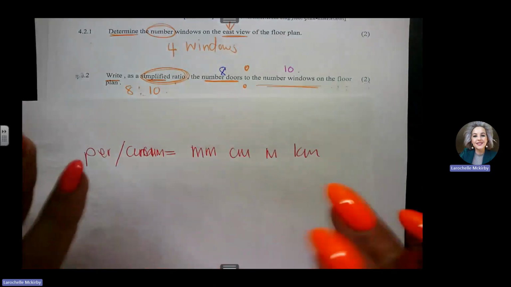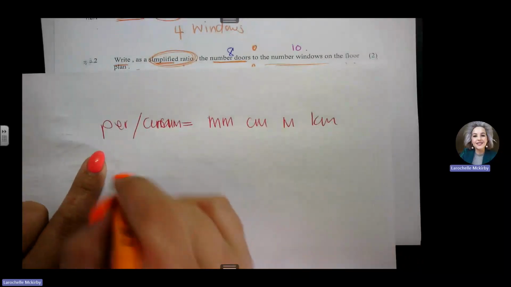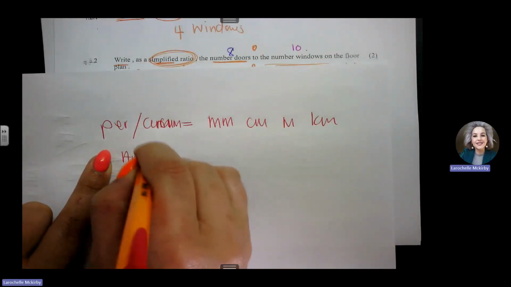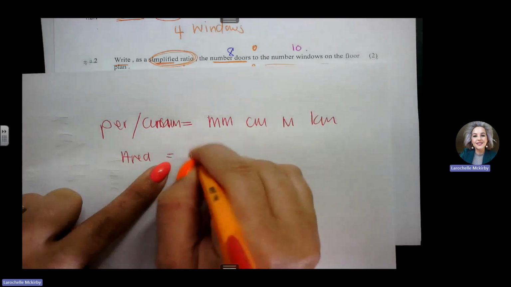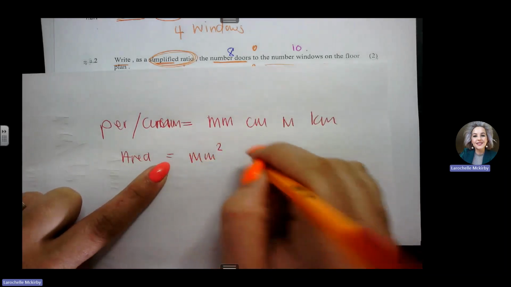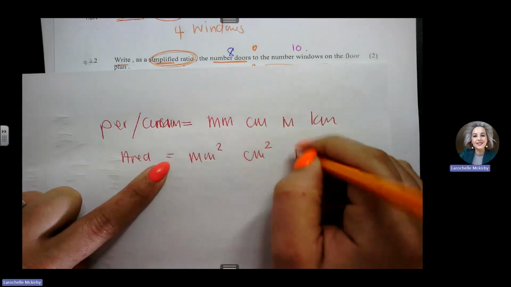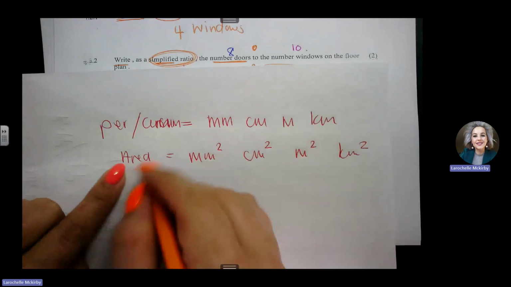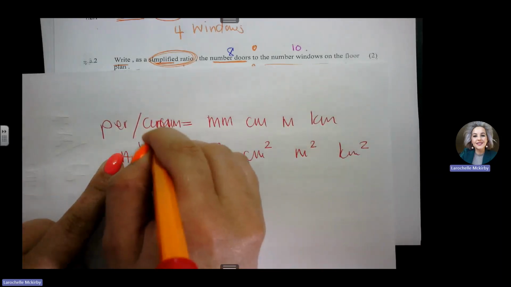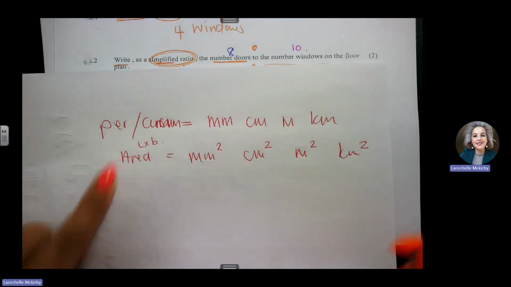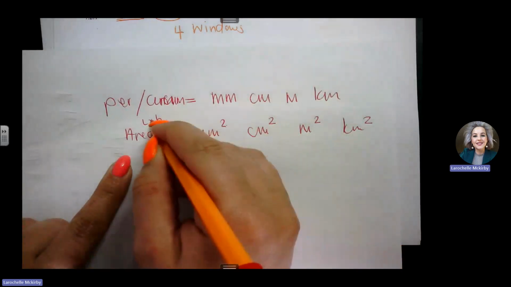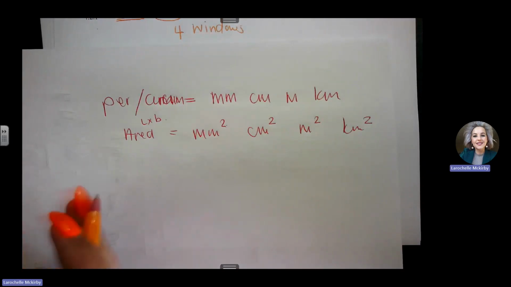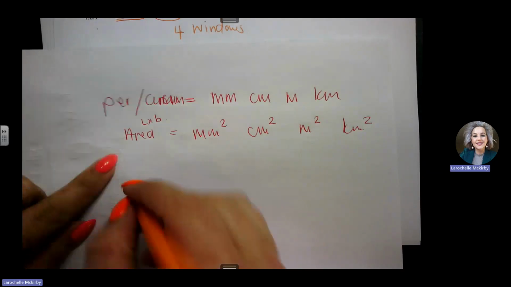It is a very plain, basic calculation. When we are calculating the area, my answer always comes out as squared millimeters, squared centimeters, squared meters, squared kilometers, because when calculating area, I always say length times breadth. That is why it's squared, because two measurements make up the area.